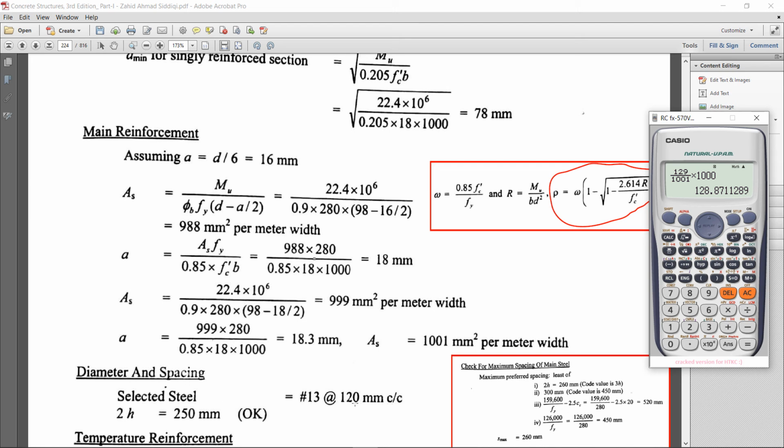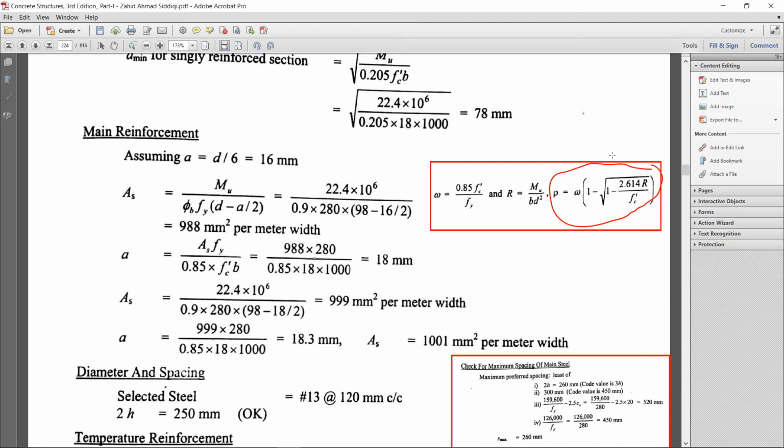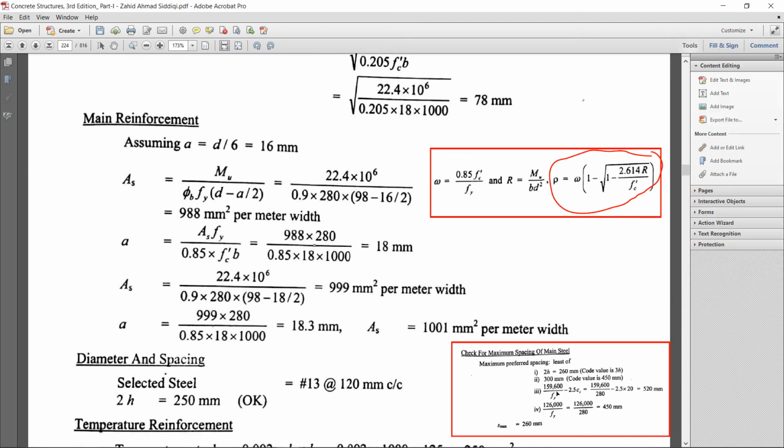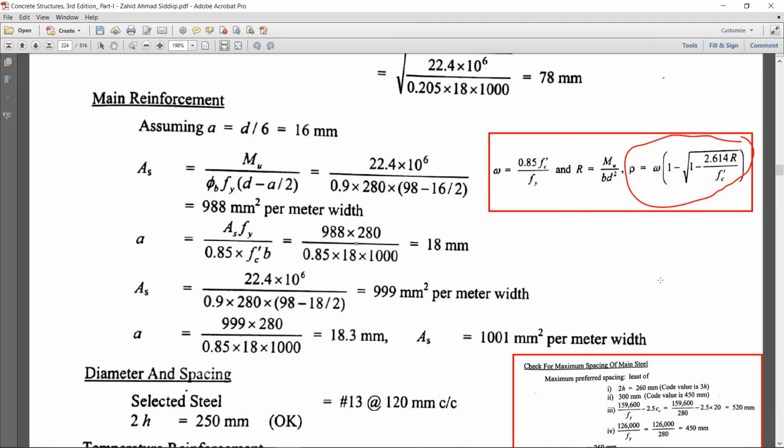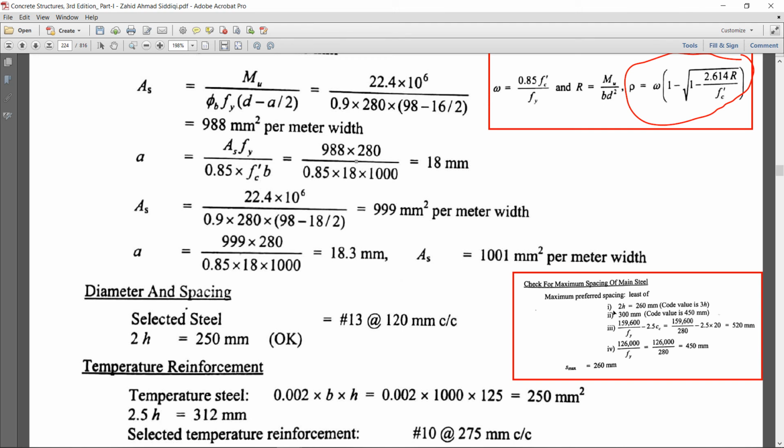Then you will check the spacing requirement. The spacing requirement is the same. Here is the spacing requirement 2H. Our maximum spacing requirement is 2H, or 300 (159,000 Fy) minus 2.5 times concrete cover (126,000 divided by Fy), and we got the maximum spacing of 260 millimeter.